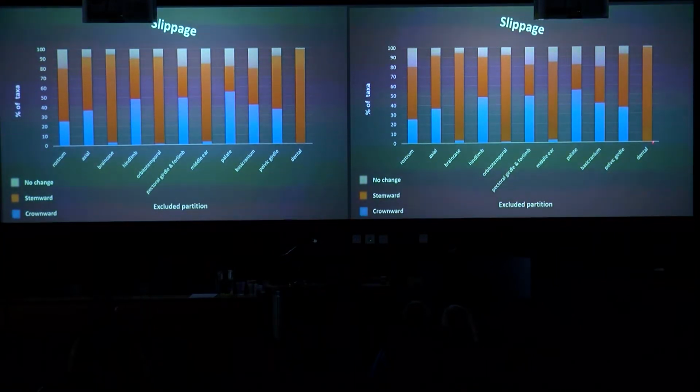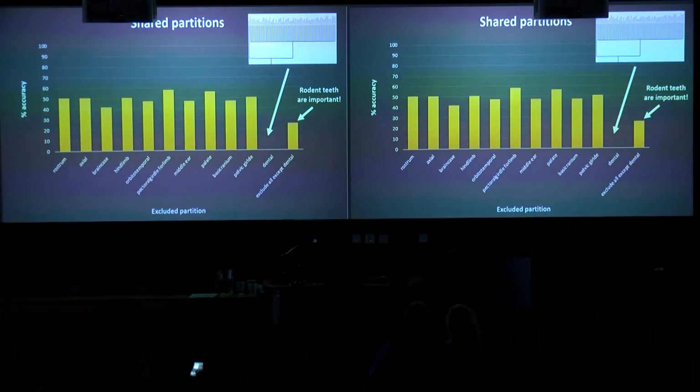And the most extreme result was excluding the dental data, and this caused almost complete stemward slippage. And this is down to the number of unresolved taxa. So here we can see the percentage of partitions shared between my well-corroborated tree I showed you at the beginning and the trees resulting from excluding each partition.